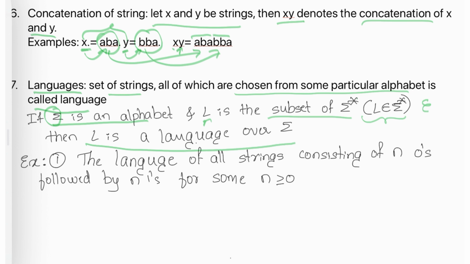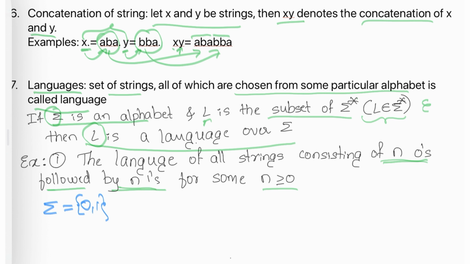So this means that there are certain conditions and those conditions are called a language. So I have taken one example, that is the language of all strings consisting of n zeros followed by n ones for some n greater than or equal to 0. So here it is clearly mentioned that the set of alphabet is 0, 1 because they said that it is the combinations of n number of zeros and n number of ones.